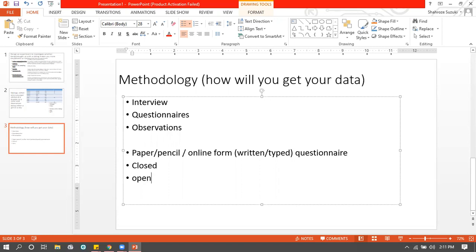Do you know what closed and open-ended themselves mean? Are you familiar with those terms? Closed and open-ended. Yes. Could you elaborate on it then?